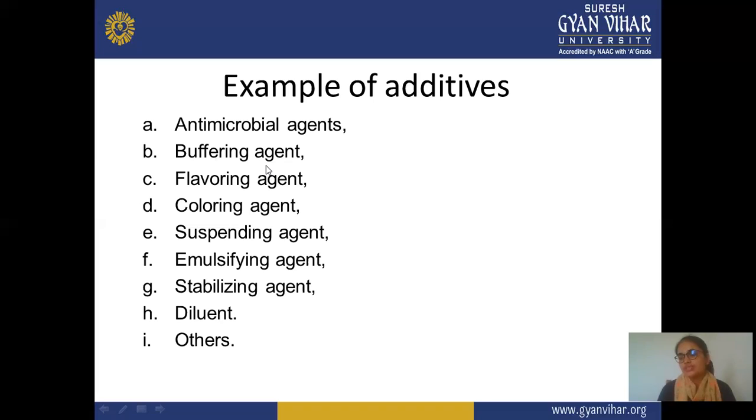So it is mainly used if your formulation is not in the required pH condition. When you use a buffering agent, your formulation changes to the required pH according to the particular site. So it is not necessary that a buffering agent is present in all formulations; it depends on your choice and how much pH is required, and if the formulation does not have sufficient pH according to requirements, you can use buffering agents.